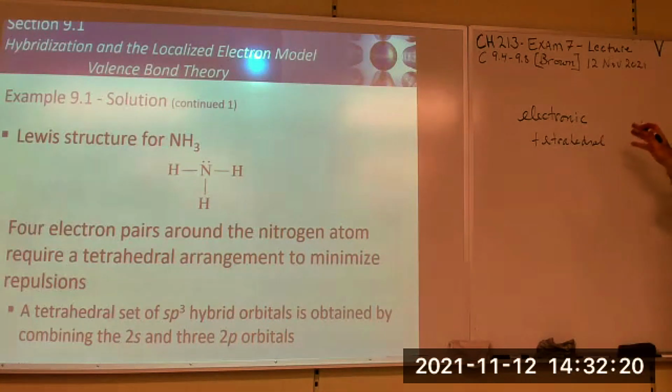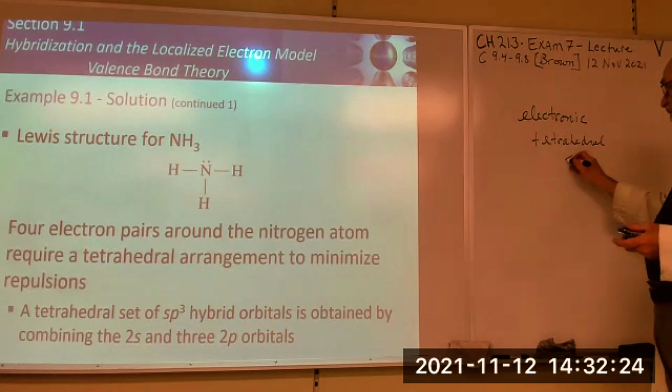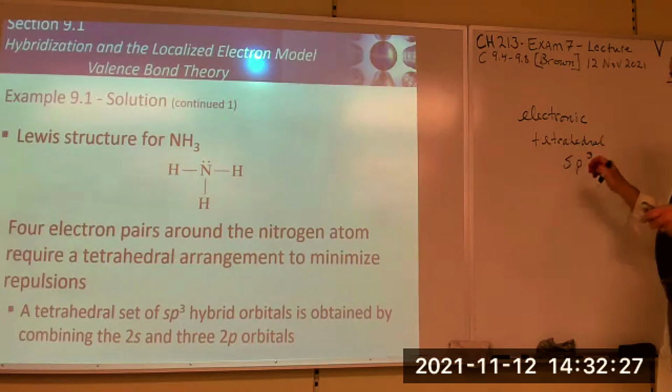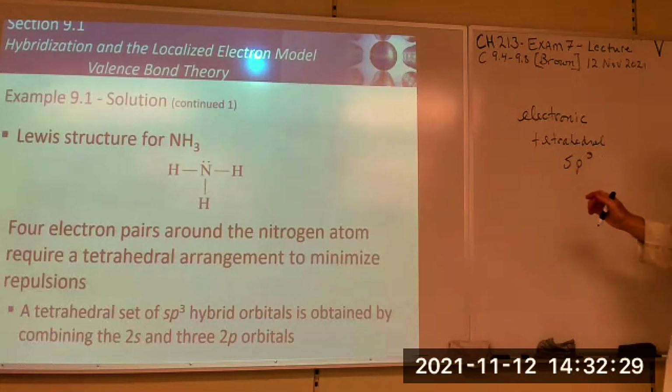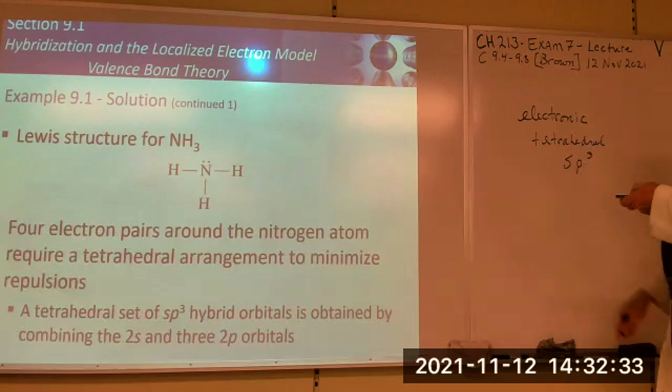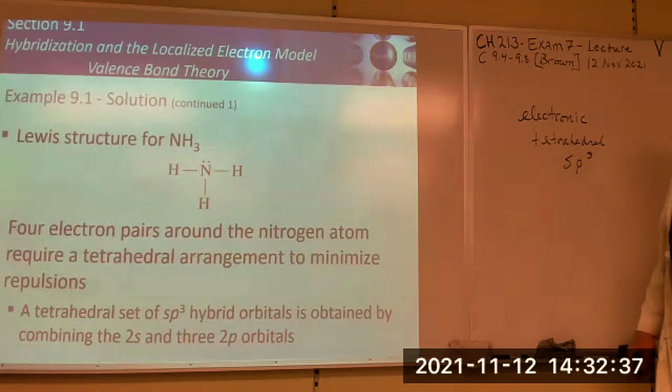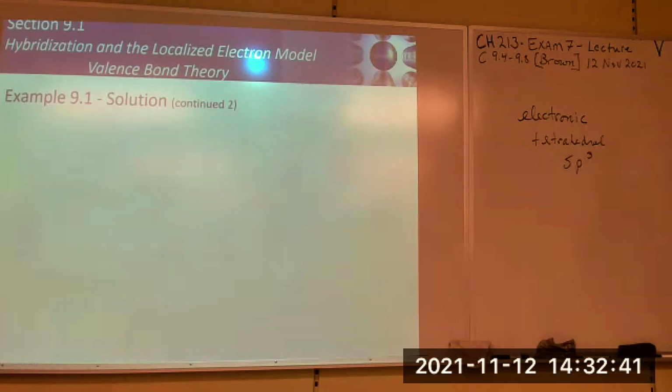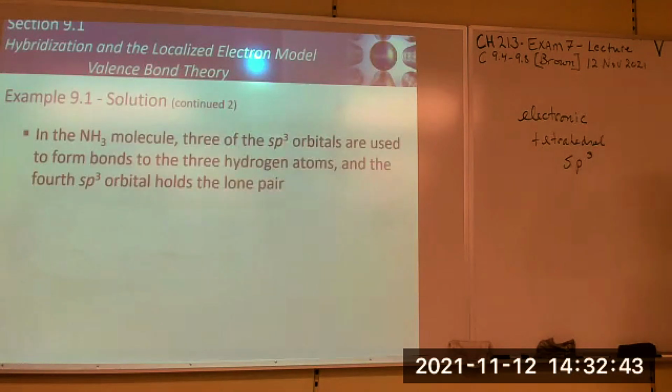And the tetrahedral structure for the electrons automatically says sp3 because we need 4 equivalent orbitals, 1 here, 3 there, to be occupied by both bonding and non-bonding electrons. Okay. Yeah, I just said that.